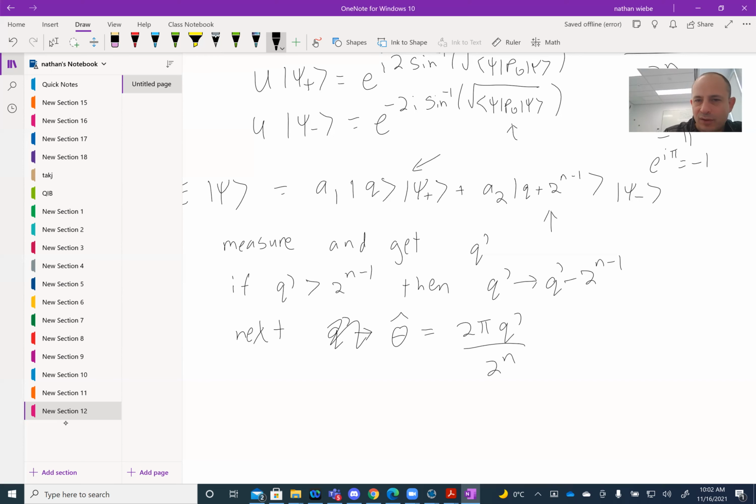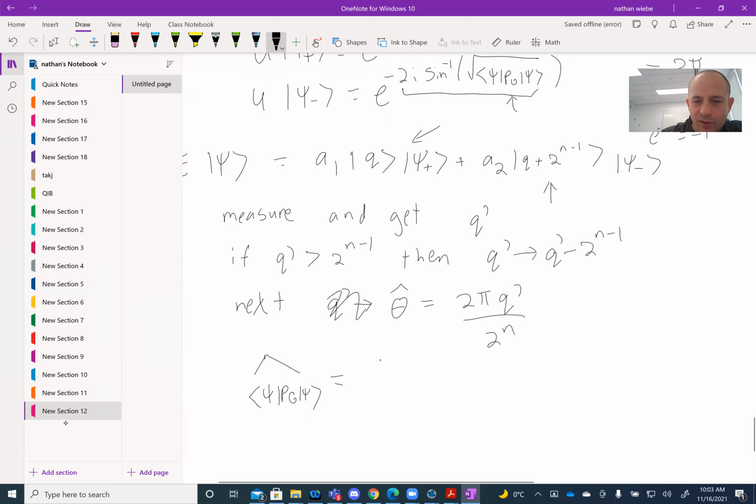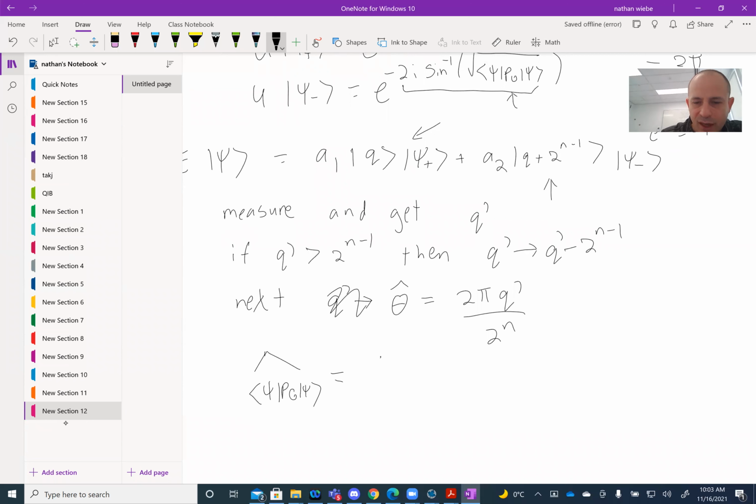Okay, now that we've done that, we've converted this to an actual phase value. And now that we've converted it to a phase value, we can work backwards. So we end up giving our estimate for the probability, which is <psi|P_G|psi>. This is just going to be equal to our estimate for theta hat divided by 2.